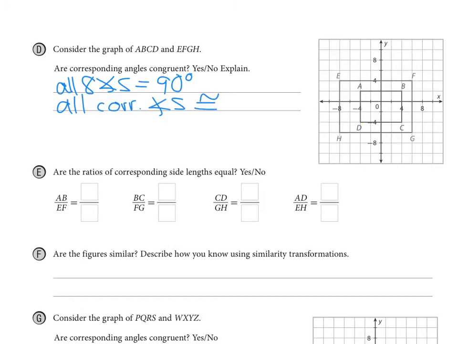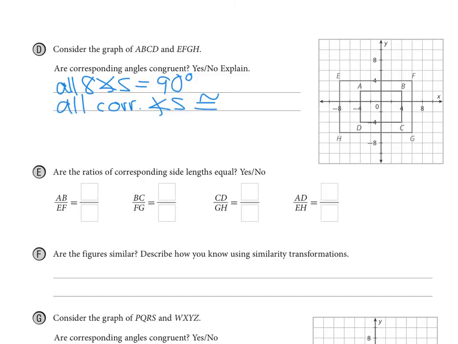And notice all the denominators, EF, FG, GH, and EH, are coming from the larger figure. So let's just keep that in mind, that again, we're keeping our ratios consistent as far as the source of numerator and the source of denominator values.